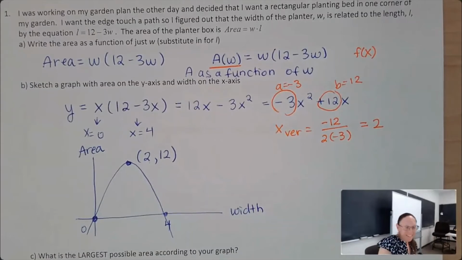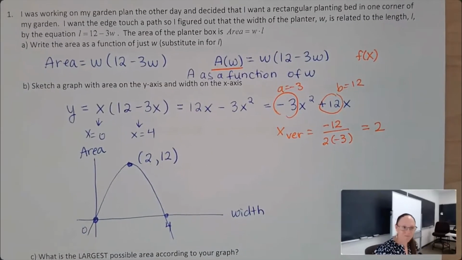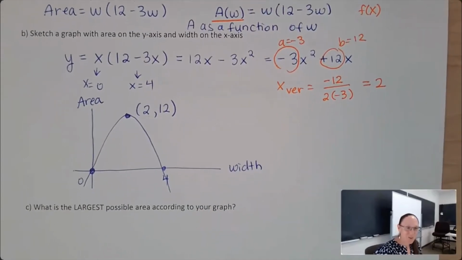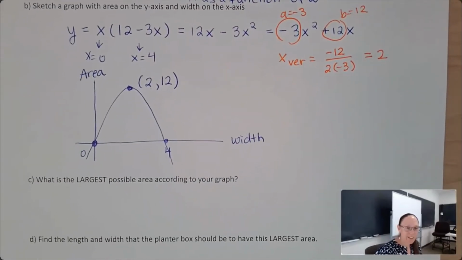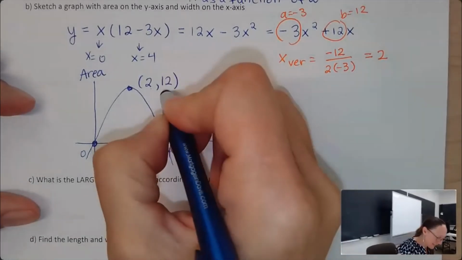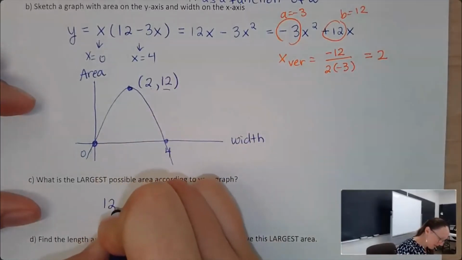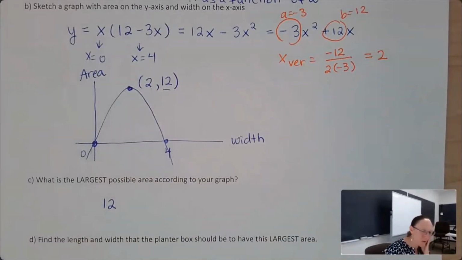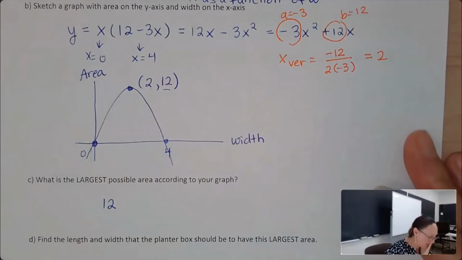By the way, we did also find the y-intercept because it happens to be 0. So now I'm thinking about what is the largest possible area according to the graph. Since I labeled my vertical axis here as the area, I can pretty quickly see that 12 is the largest area, but then I'm going to have to go back and read the problem to remember what kind of units we should have.